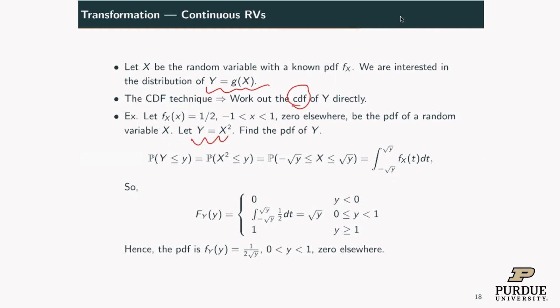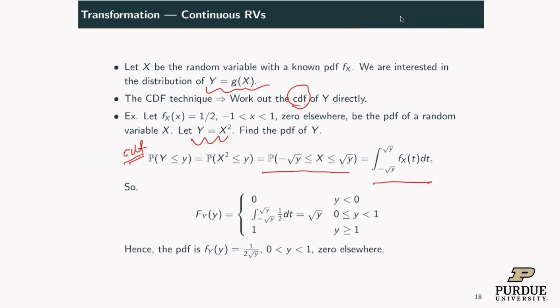Now probability Y less than or equal to y. So this is the CDF. Now what is big Y? It's x squared. So x squared less than or equal to y. So x should be between negative square root of y and square root of y. Since I know the distribution for x, I can calculate this probability. So this is the integration. Now we can get the CDF of y in this form.